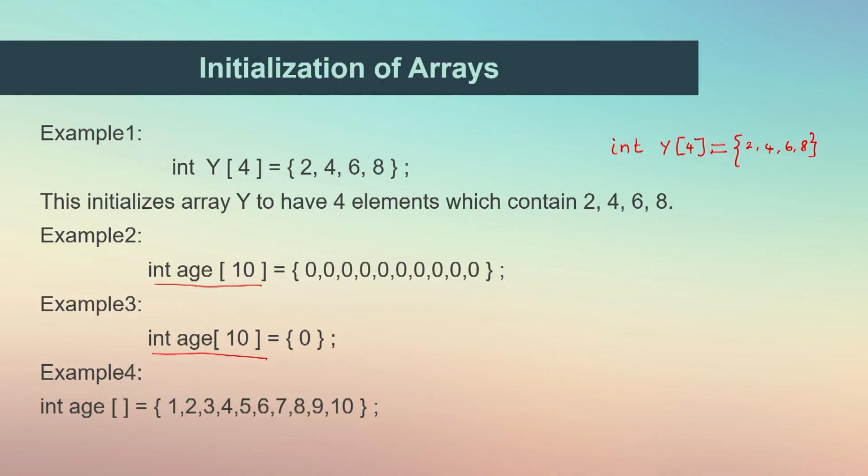We can assign one value or all the values, depending on the user's requirement. Then in example 4, int age has no subscript given. Even then the base address would be considered and the array elements would automatically be stored in contiguous locations starting from the first location.